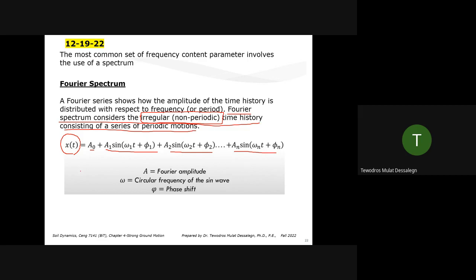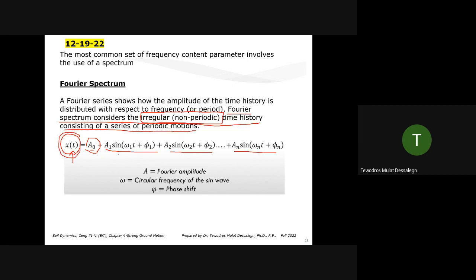So the irregular motion is a sum of several regular motions. It may be thousands and millions of these various periodic motions that give you the one which is the irregular motion.